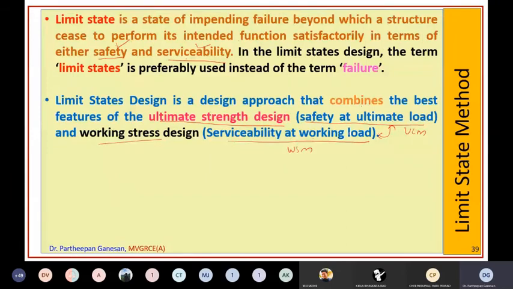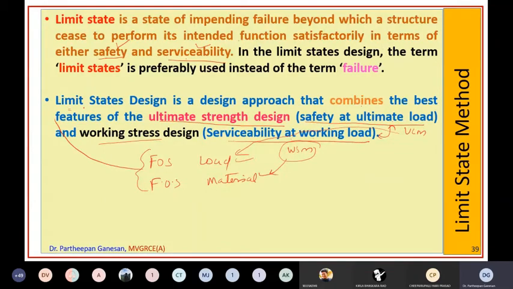In other words, you are applying factor of safety on the load also. You are applying factor of safety on the material also. Okay, so in a working stress method, you have factor of safety only in the material. In the ultimate load method, you have only the factor of safety on the load, but limit state will have a factor of safety on both of these.